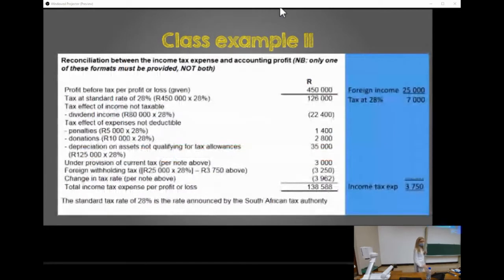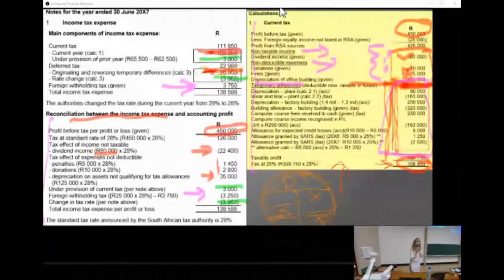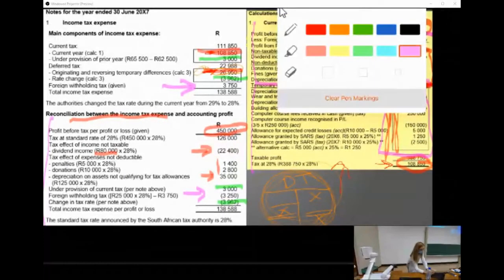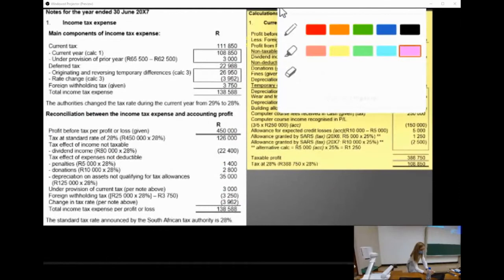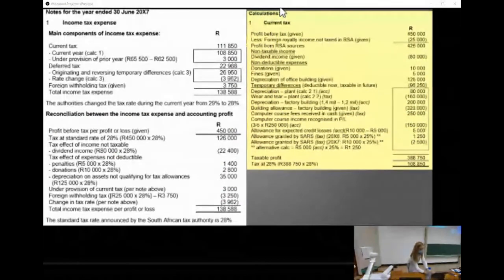Now remember, when we do our reconciliation, well, first of all, I forgot to point this out. In our current tax calculation, see here that we started with our profit before tax of 450, but we want to calculate what our South African tax is.